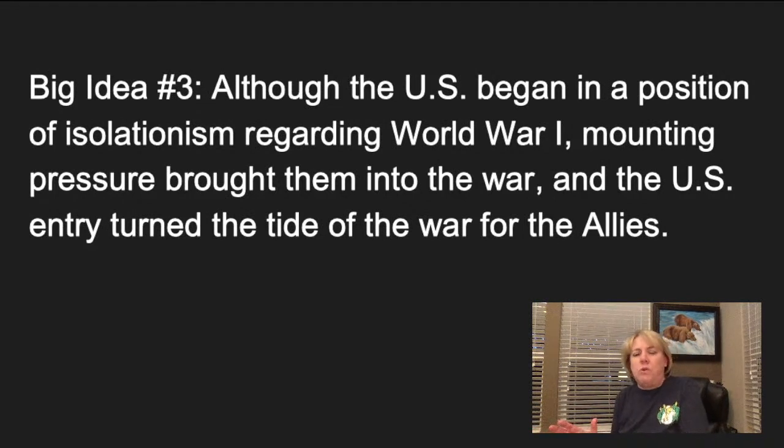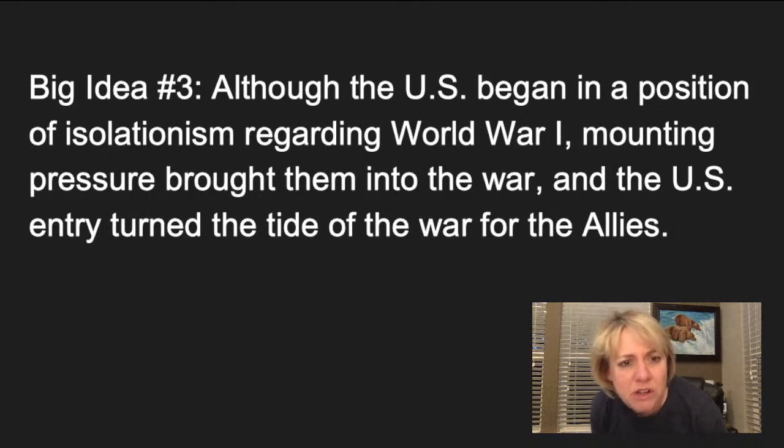Woodrow Wilson is going to go in because he wants to create a plan to prevent war in the future. So that's where his 14 points is coming in, to create peace without claiming victory. To go in and say, if we all agree to this, we can all live in peace. And it's not about blame or anything like that. It's about living together. And that's what his 14 points were all about.